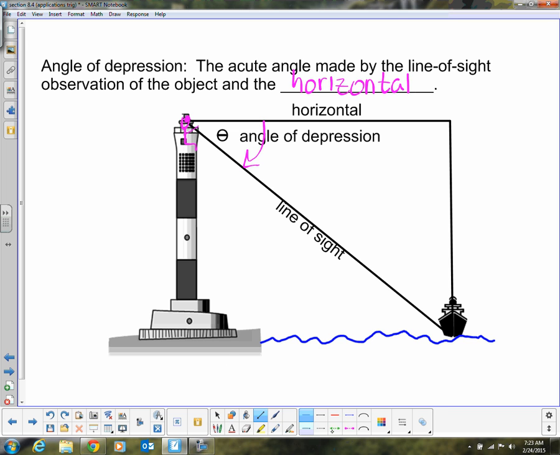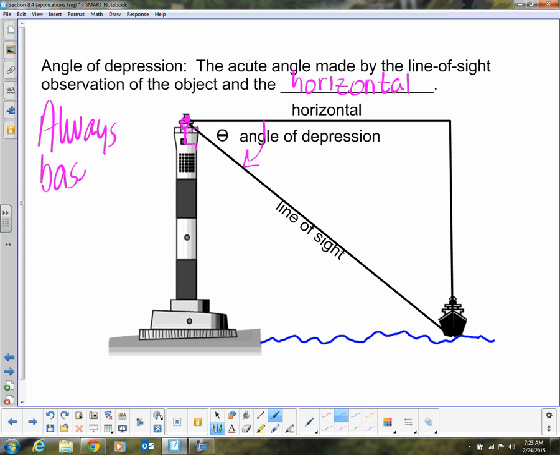And again, this is always based on the what? The horizontal. The mistake made is people thinking this is the angle of depression. That's based on a vertical. It's always horizontal down.